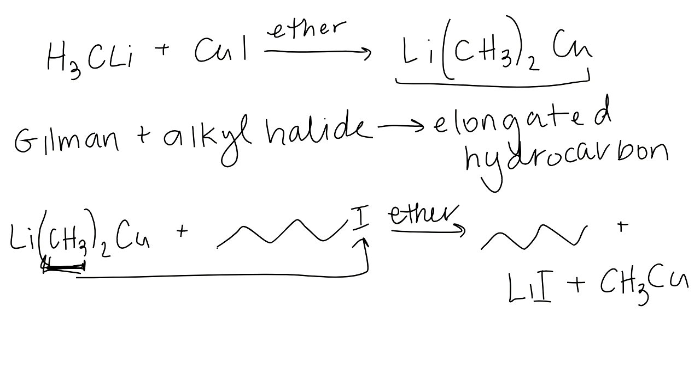So this is a case that's very simplistic. We're just using a methyl group. Let's look at one that's a little bit more complex. Let's say we have this as our Gilman reactant.